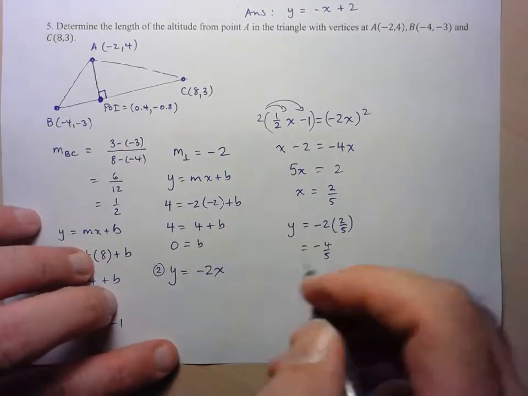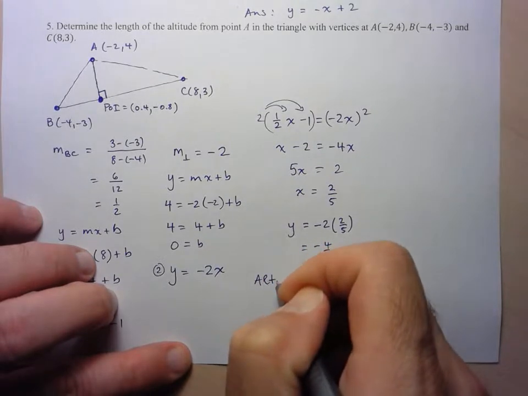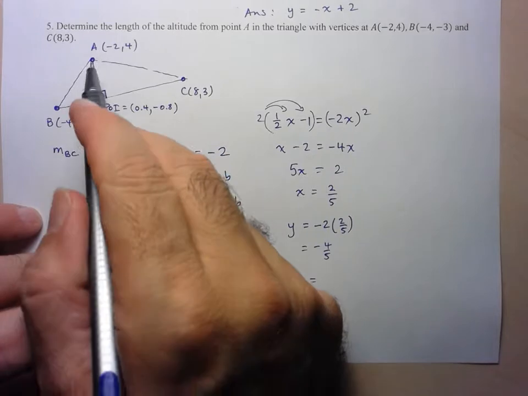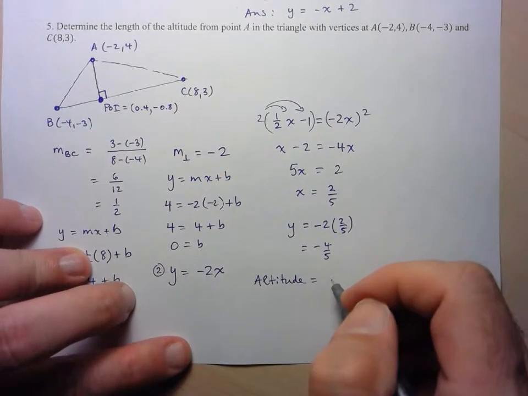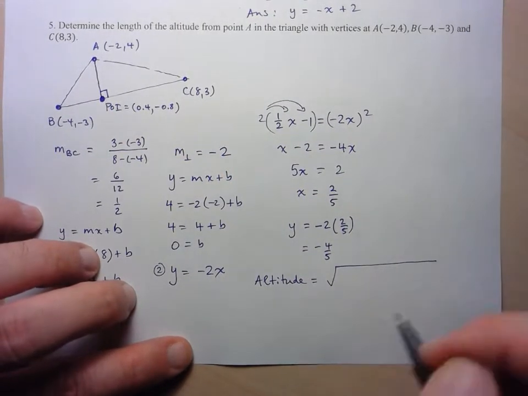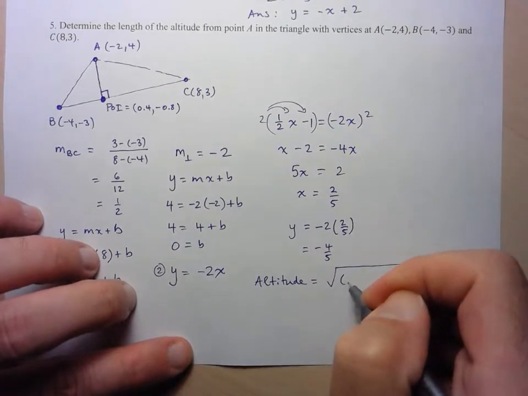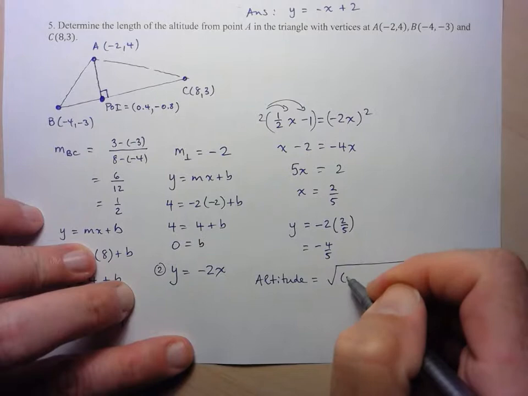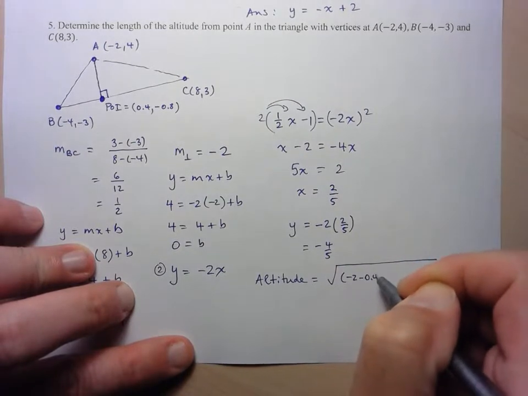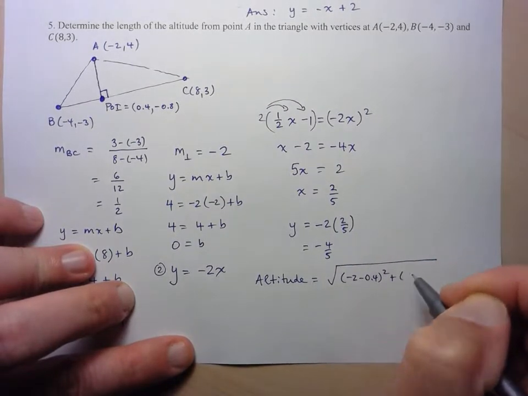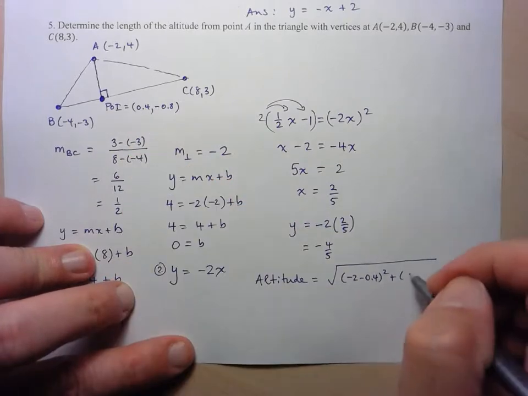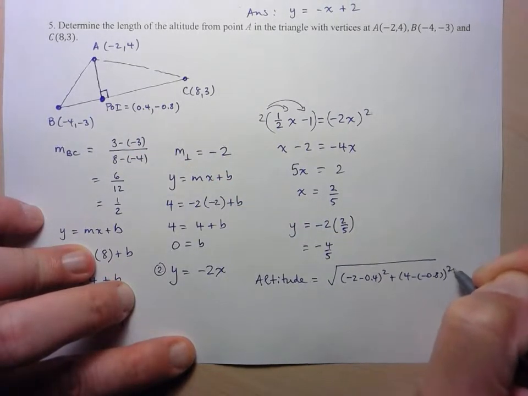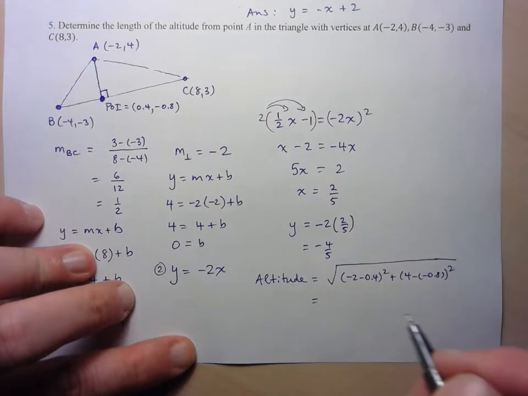Okay, so the altitude is just given by the distance between those 2 points. So that's going to be the square root of, okay, x2 minus x1, so it'll be negative 2 minus 0.4 squared plus y2 minus y1, so 4 minus negative 0.8 all squared. And let's simplify this.